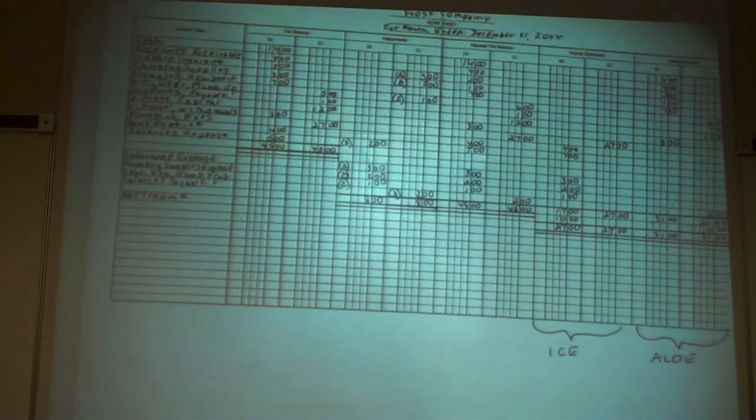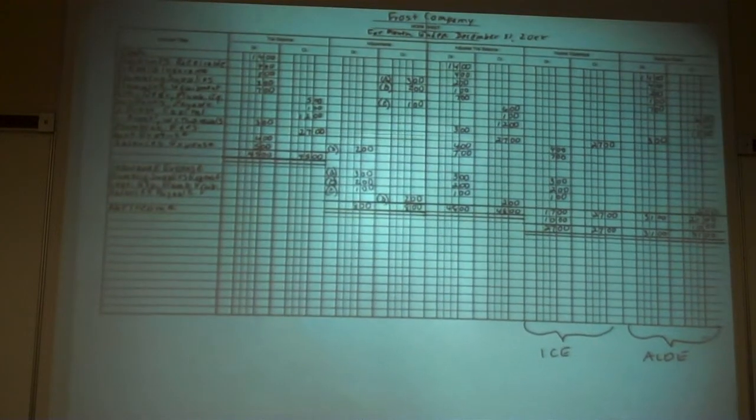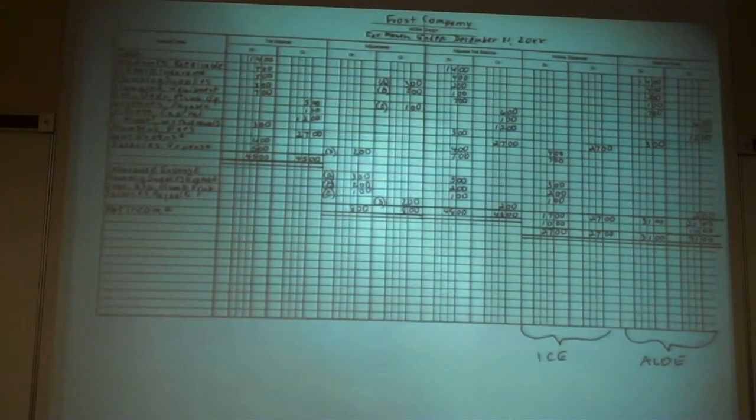We also adjusted plumbing supplies. We adjusted depreciation expense, and we adjusted the salaries owed but were not paid until the following month. The adjustment is for the amount used.